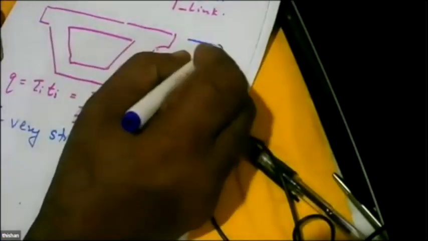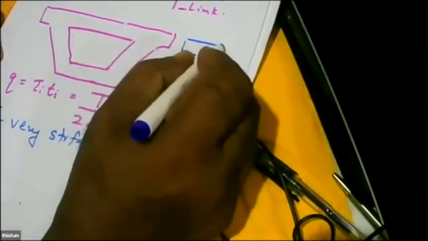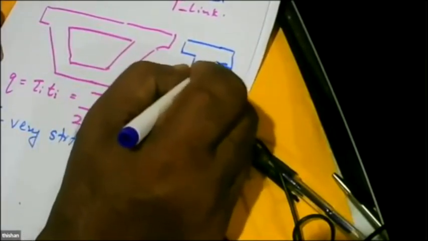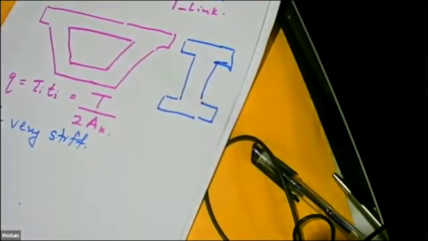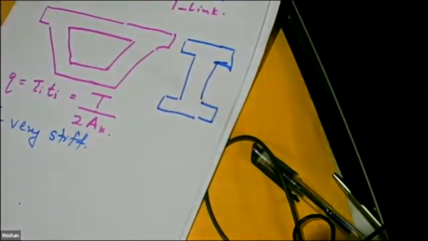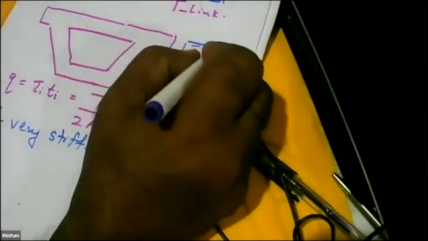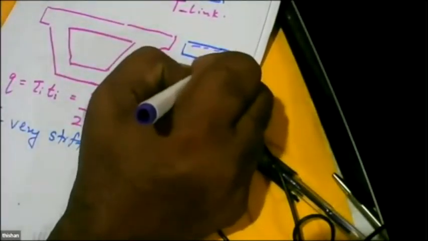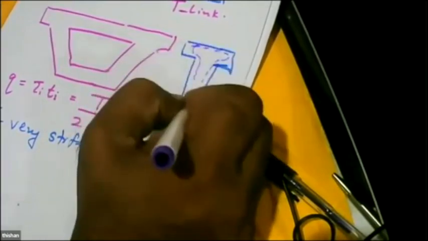And let's compare it with an I section. What happens when it is subject to torsion? We'll get a torsional shear flow going around the sections.